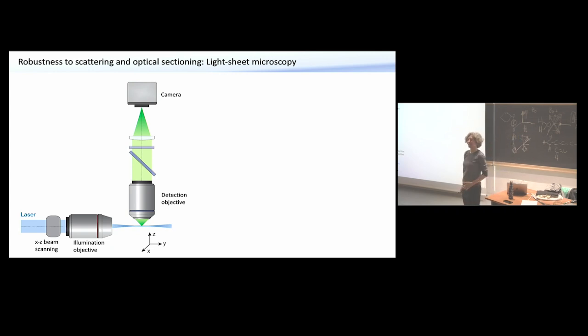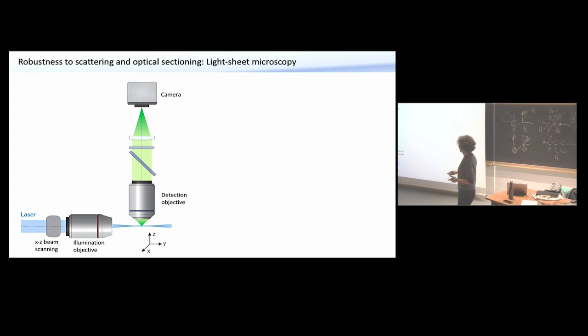So another technique that was introduced by Alessia, which I like, even though I never worked with it, I think the idea is really interesting, is light sheet microscopy. We heard of it yesterday also in the acoustic talk. The idea is, if you don't want to collect these out-of-focus photons, let's not image the out-of-focus plane.